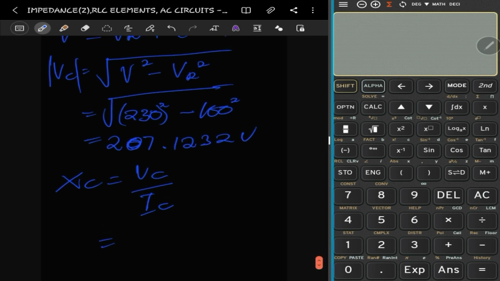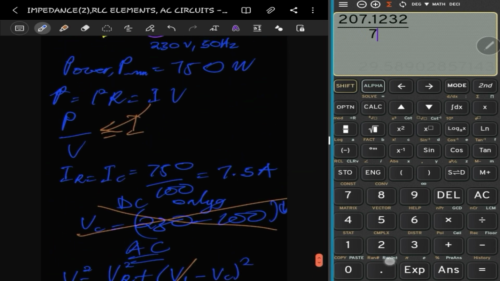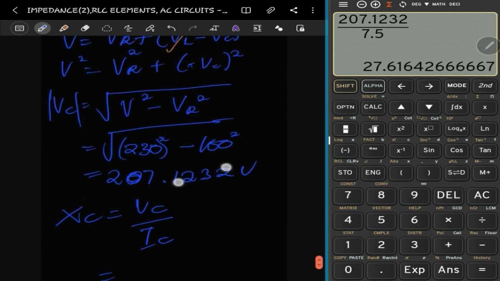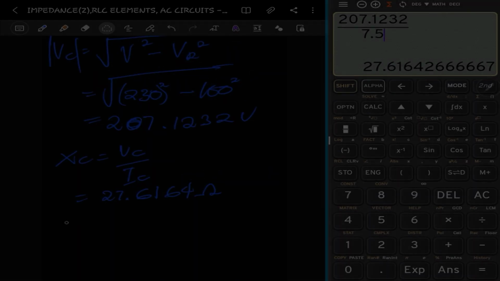VC is 207.1232, and then IC, what did we get? 7.5. And that gives us 27.6164 ohms. We have XC.